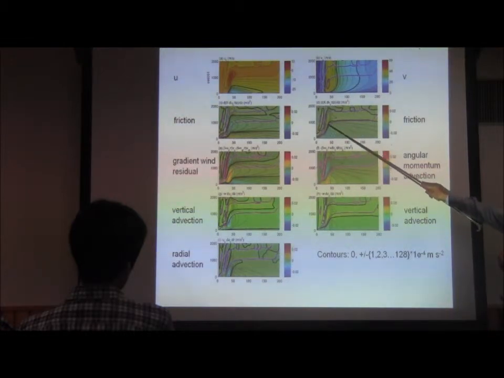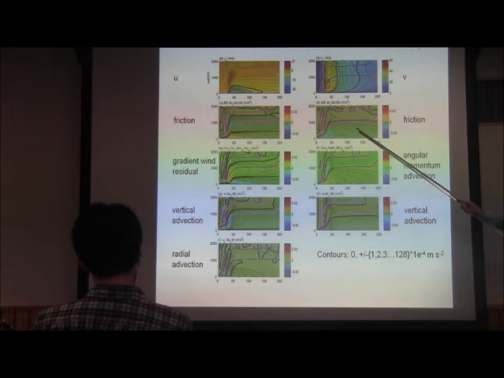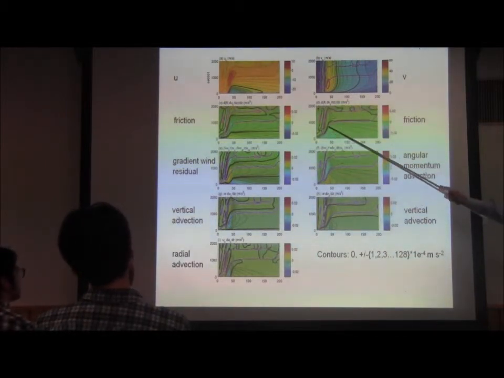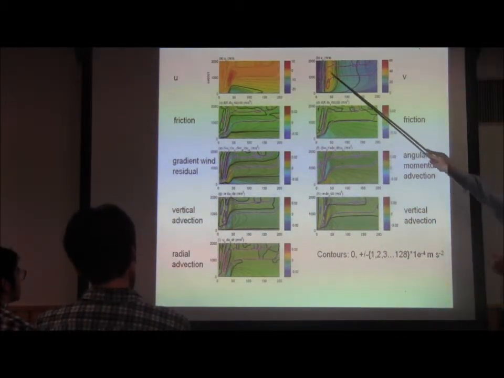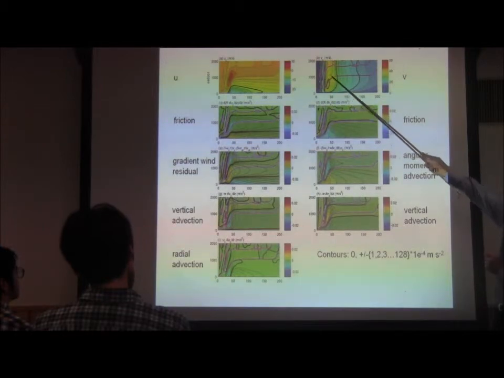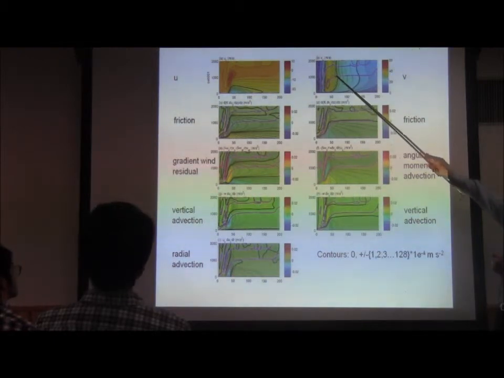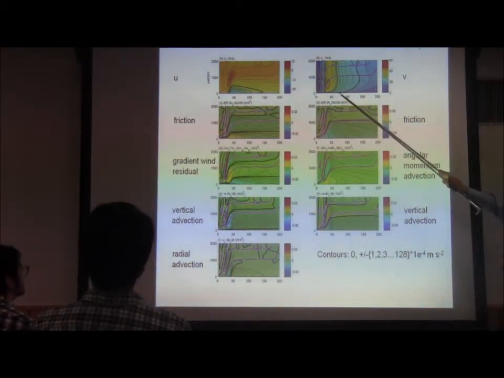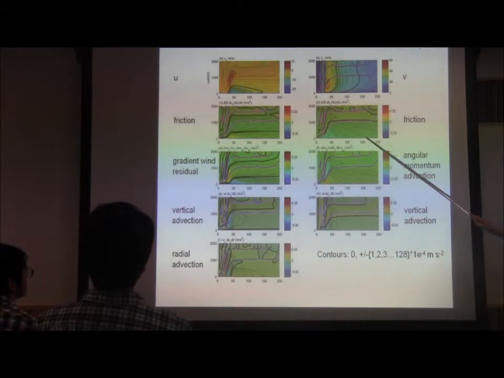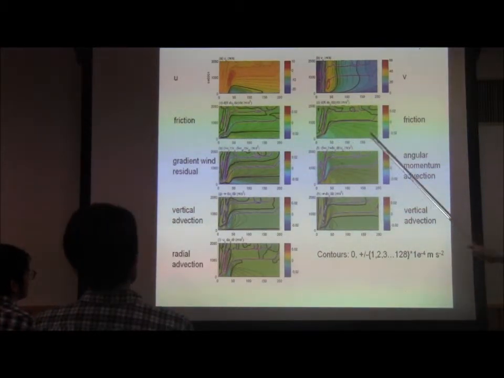There's this very weak acceleration aloft, because above the jet you have a region where supergradient momentum is being diffused upwards and is accelerating the wind there. But mostly friction is weakening the azimuthal flow.